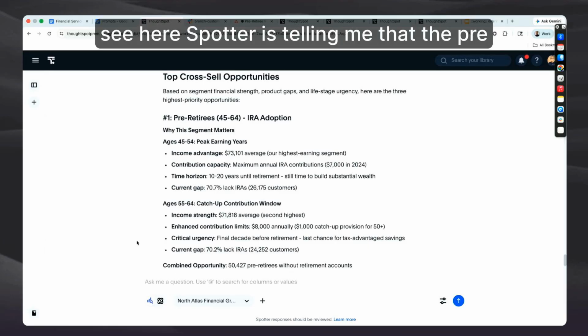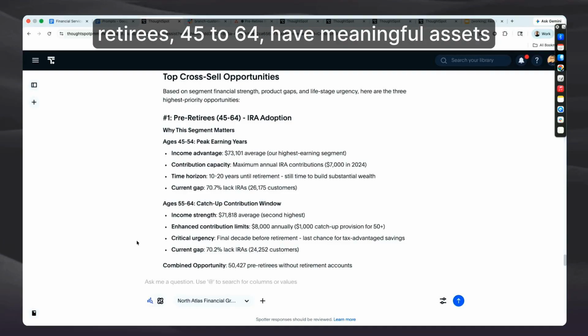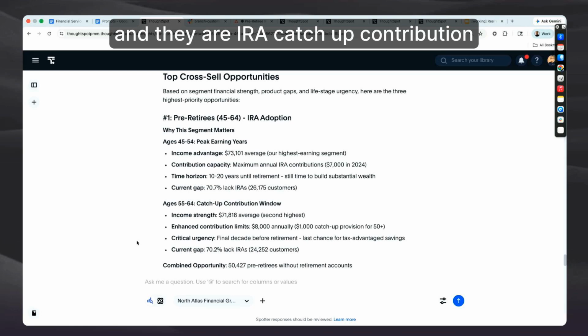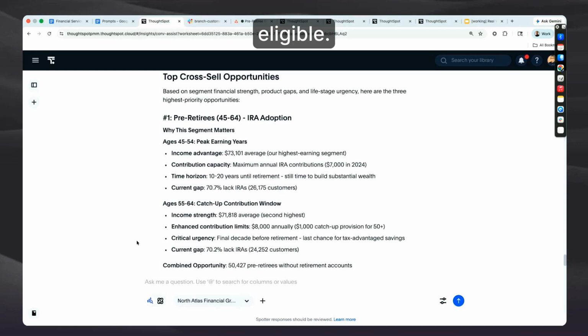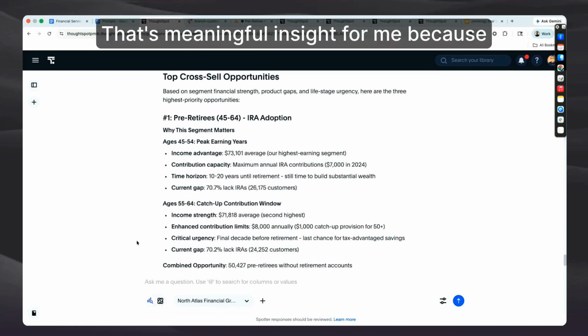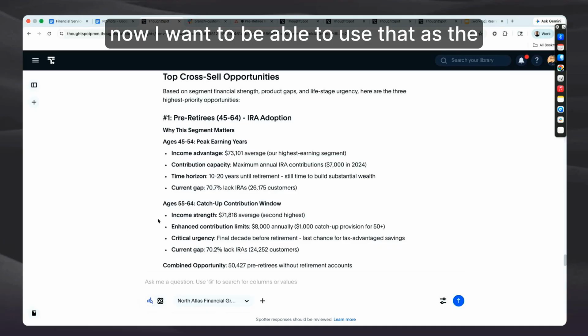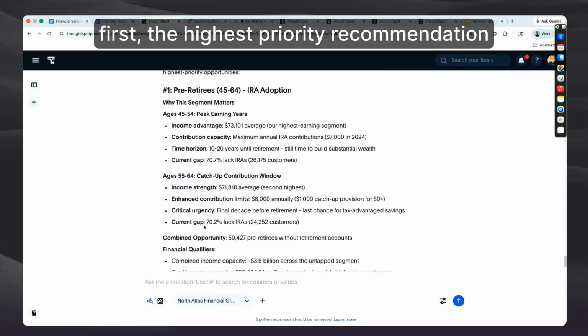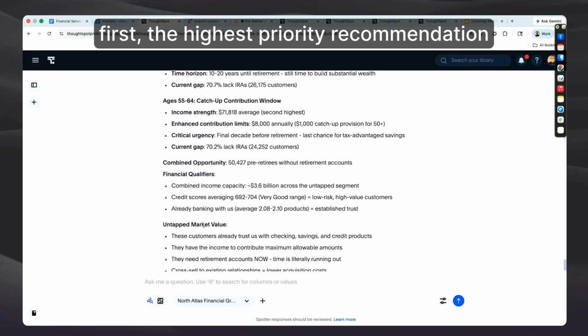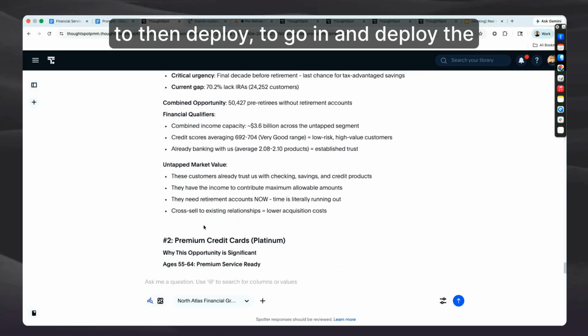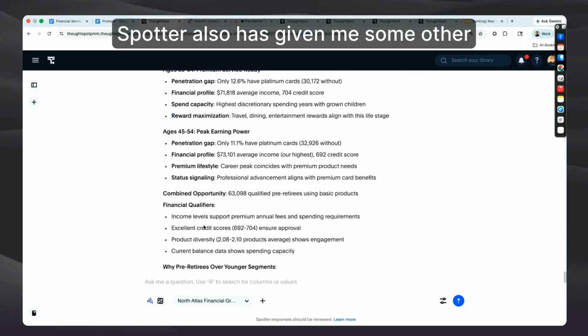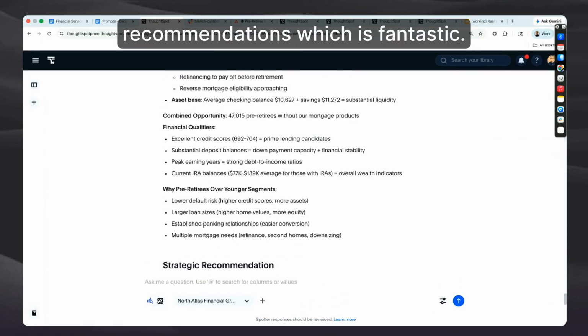So I can see here, Spotter is telling me that the pre-retirees, 45 to 64, have meaningful assets and they are IRA catch-up contribution eligible. That's meaningful insight for me because now I want to be able to use that as the first, the highest priority recommendation to then go in and deploy the campaign. Spotter also has given me some other recommendations, which is fantastic.